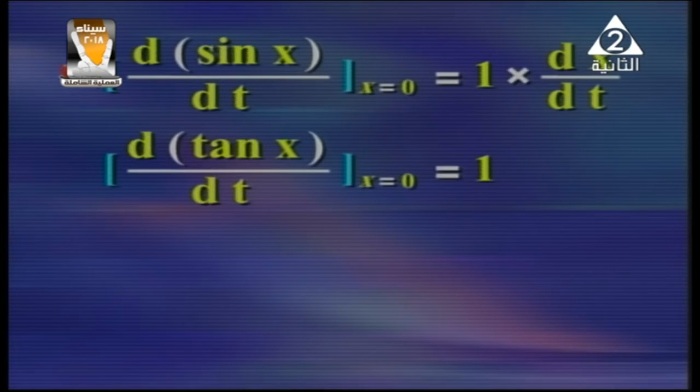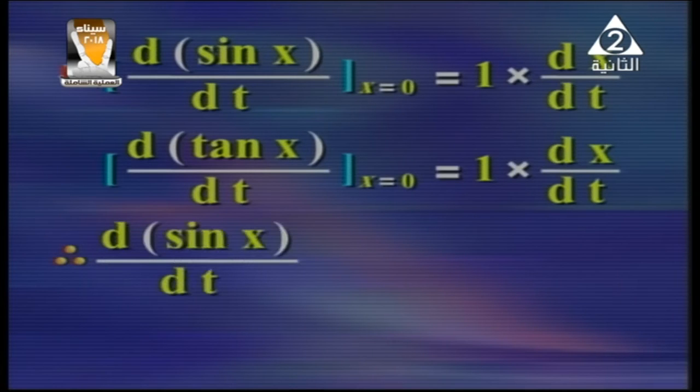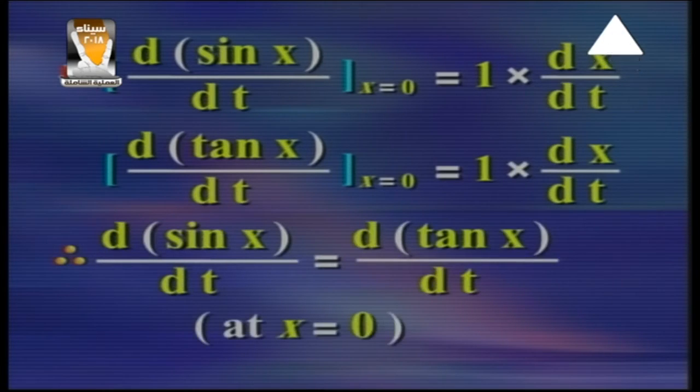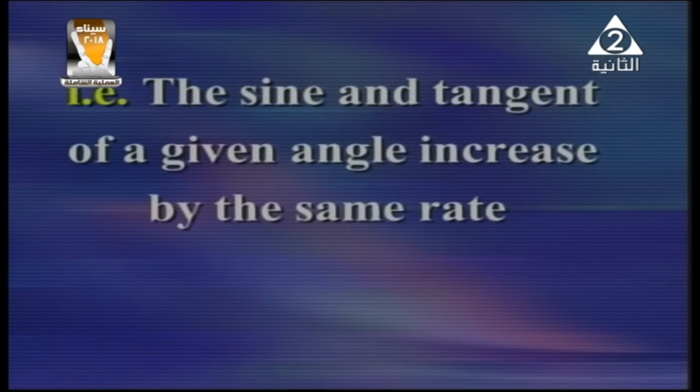Also, d tan x/dt at x equals 0 equals 1 times dx/dt. Then the derivatives of sine and tan at x equals 0 are each equal to 1 times dx/dt. The sine and tangent of a given angle increase at the same rate at x equals 0.